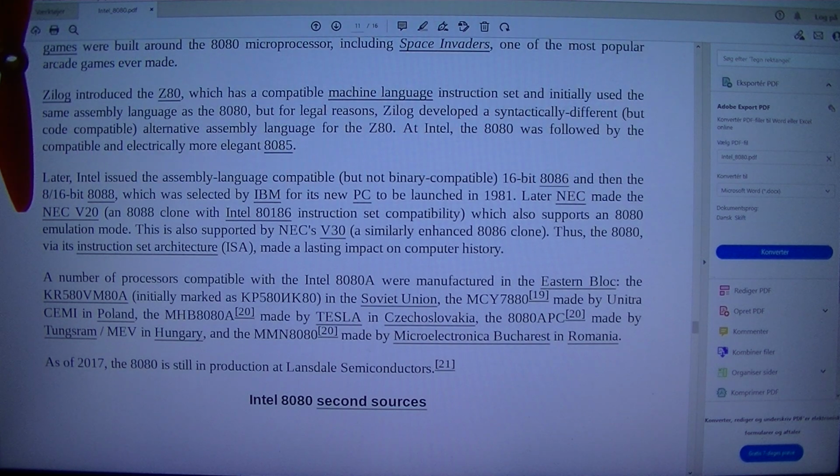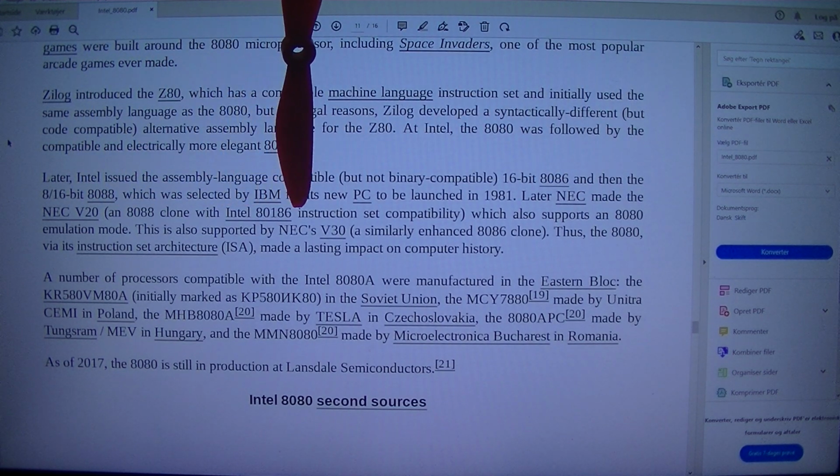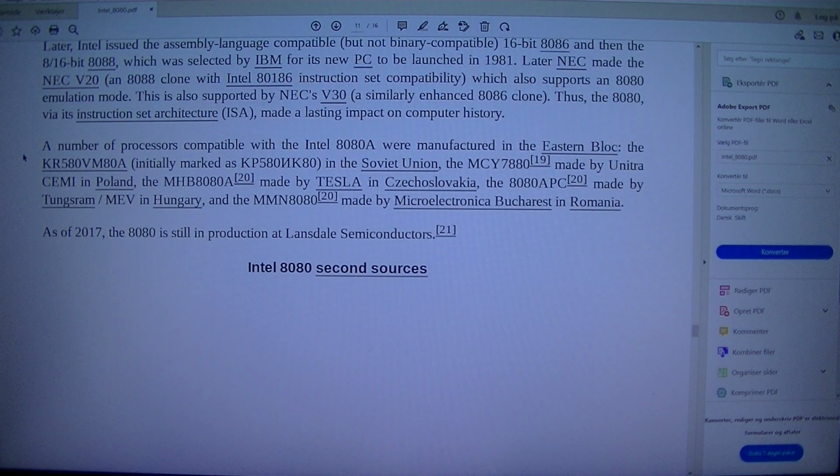Later NEC made the NEC V20, an 8088 clone with Intel 80186 instruction set compatibility, which also supports an 8080 emulation mode. This is also supported by NEC's V30, a similarly enhanced 8086 clone. Thus, the 8080 via its instruction set architecture, ISA, made a lasting impact on computer history.